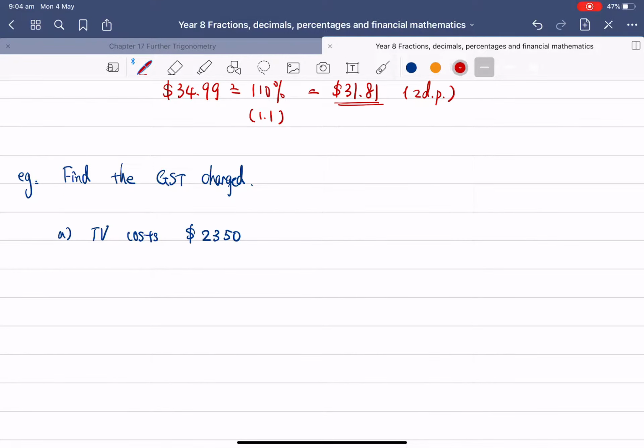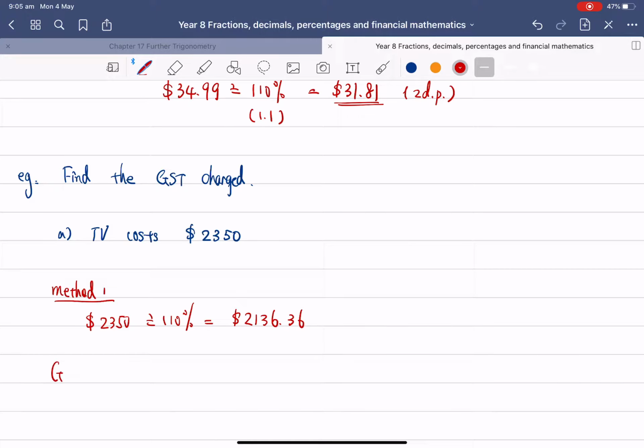All right, so there are 2 different ways you can do it. With the first method, you divide this number by 110% to calculate the pre-GST price. So 2,350 divided by 1.1 becomes $2,136.36.